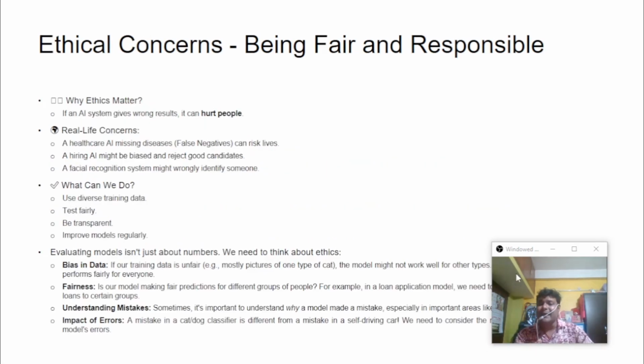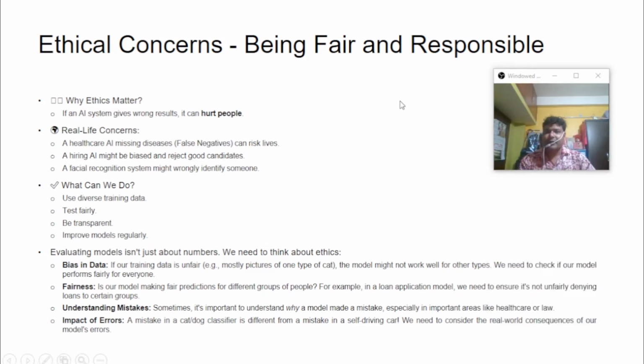Second is ethical concern. Why does ethics matter? If an AI system gives a wrong result, it can hurt people. For this reason, ethics is very important for AI. Real life concerns: a healthcare AI missing disease can risk lives.